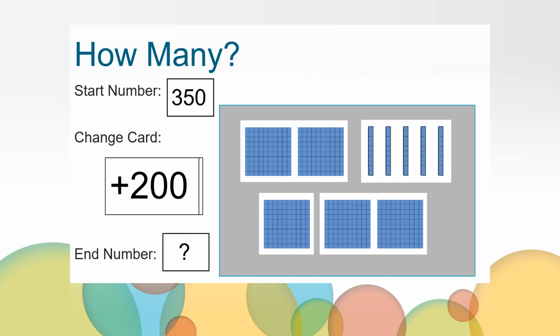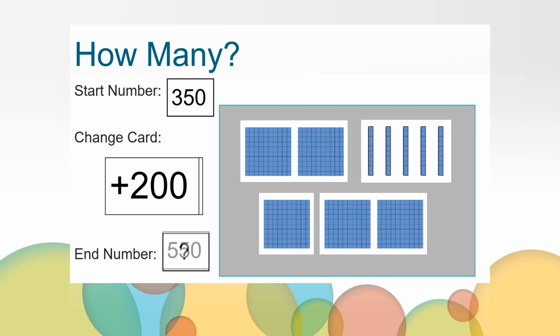Let's check our work. Here are the 200s flats that we added. Let's count to see the end number. 100, 200, 300, 400, 500, 510, 520, 530, 540, 550.